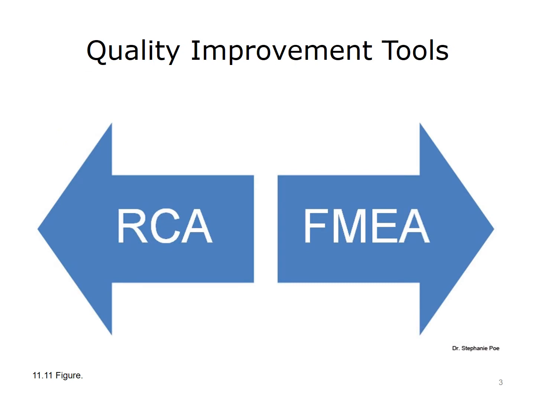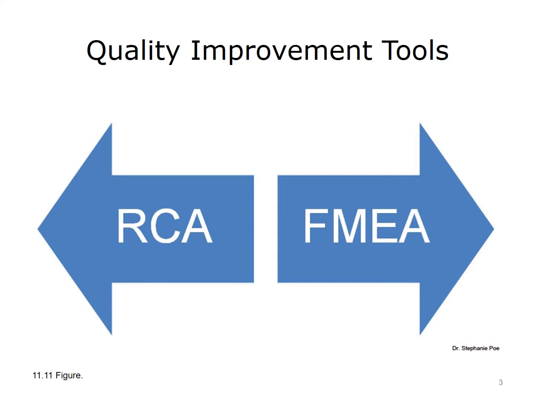There are two quality improvement tools that are used in all organizations accredited by the Joint Commission. They are known as mantras of modern risk management because they have the power to transform patient safety through learning. Both are systematic and team-based. One is called RCA, or root cause analysis, and it looks to the past to learn from mistakes.